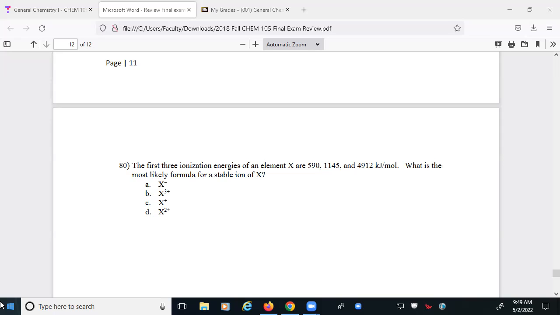So we're talking about the transition from X to X plus, to X plus 2, to X plus 3. Anything noticeable about these three ionization energies?